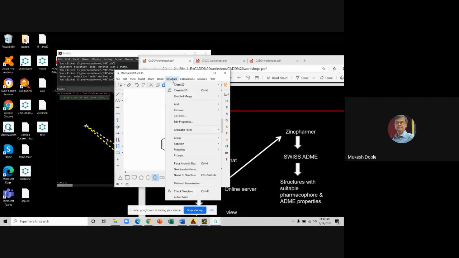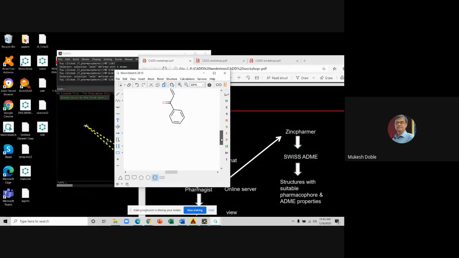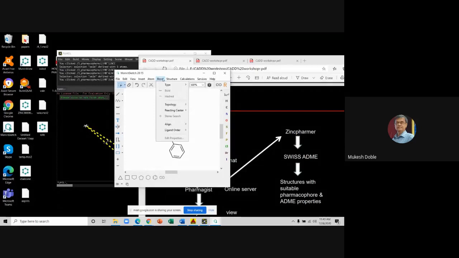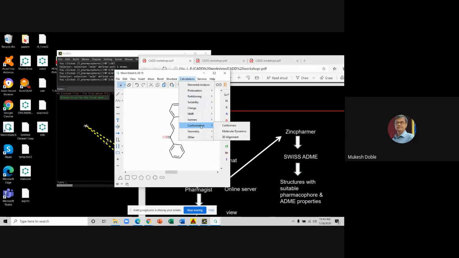So what we do is we go to Structure, then we say Clean in 3D. So it gets you the 3D structure. Then we can say Conformation, so it will get the three-dimensional minimum energy confirmation.